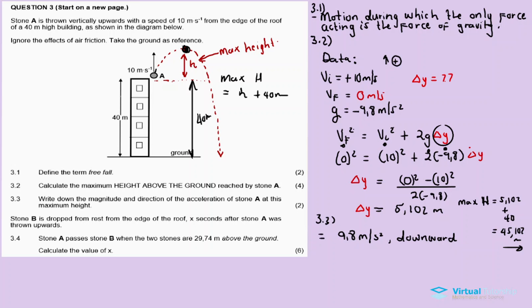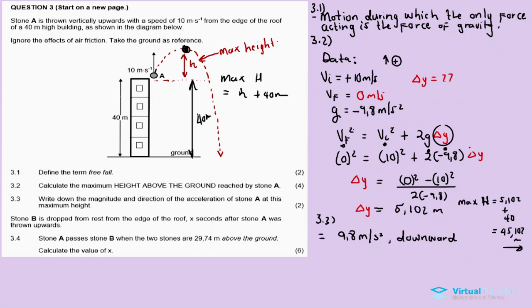The gravitational force is always acting down. Whether you are up or down, gravitational acceleration is always acting downward, and the value remains constant at 9.8.